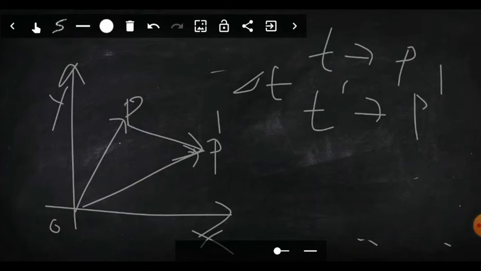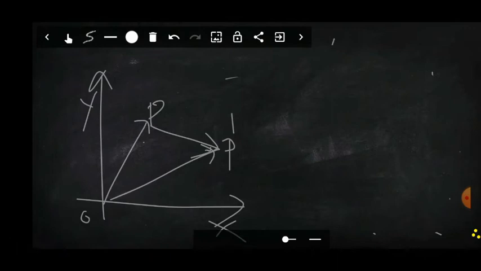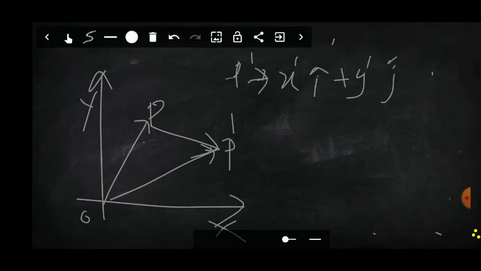Here the final position is P dash and the initial position is P. To find the displacement vector, we consider the coordinates of the final position minus the coordinates of the initial position. The final position is P dash, whose x coordinate is x dash, with direction i cap, plus the y coordinate y dash, with direction j cap.